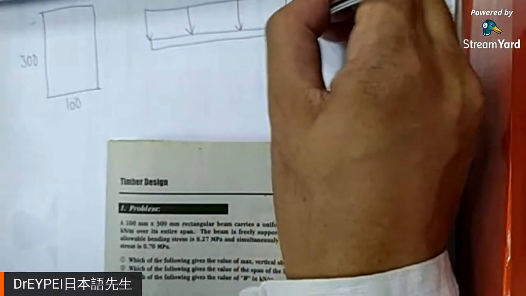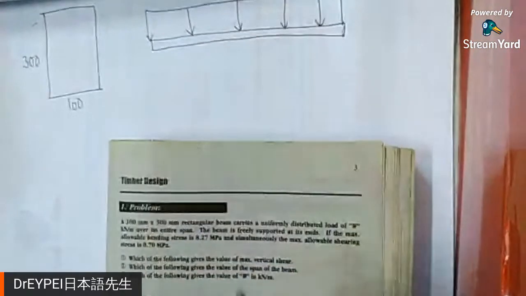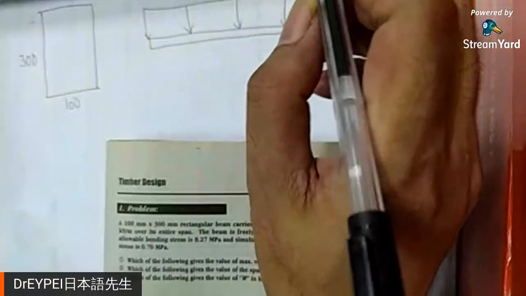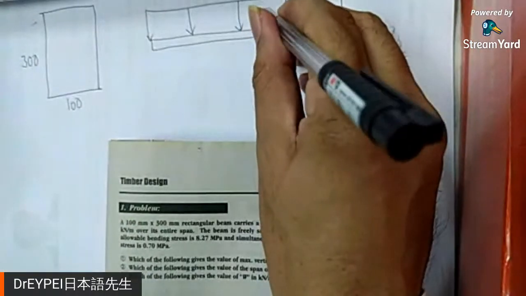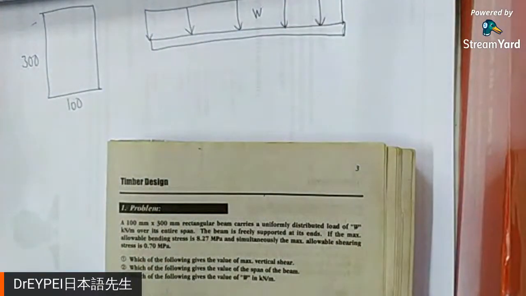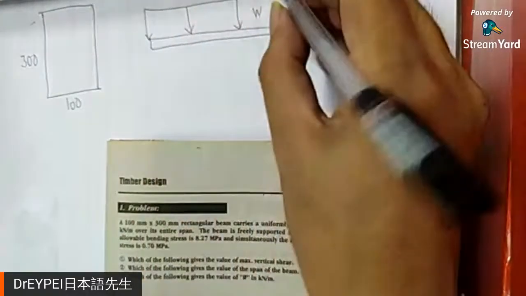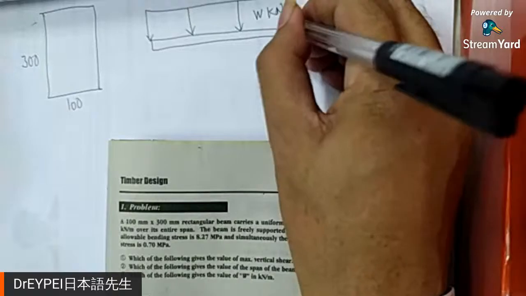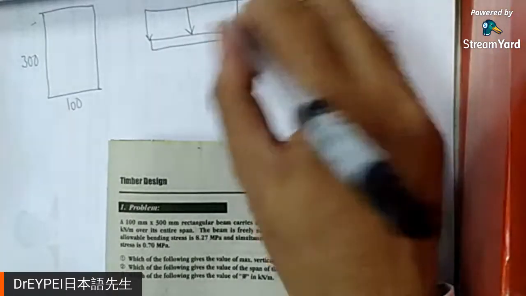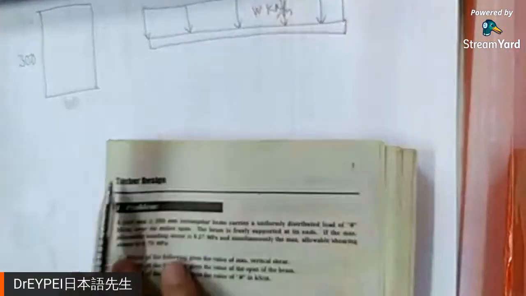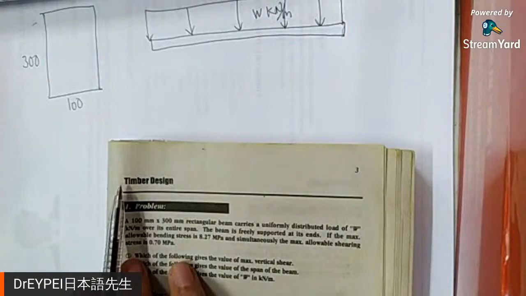Anong value? W daw yan. Okay? Anong gagawin? Anong unit pala nito? Kilonewton per meter over its entire span. The beam is freely supported at its end.